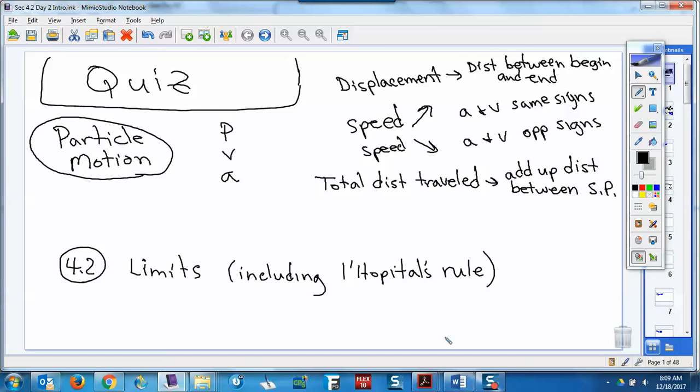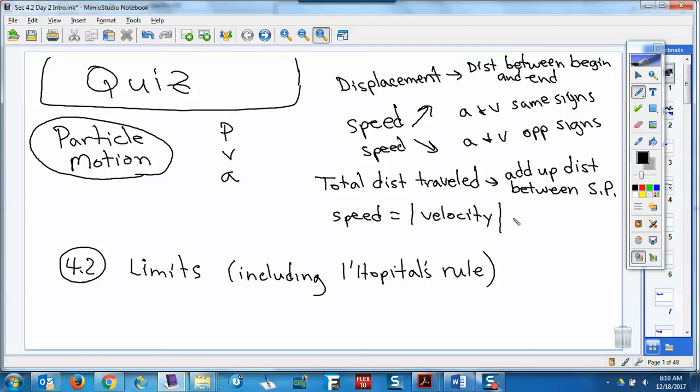And then, when is your speed increasing or decreasing? Remember, that's different than velocity. Speed is the absolute value of velocity. I probably should put that up there too. We've talked about how speed is always positive. So we can't put speed in the chart. The chart is position, velocity, acceleration, f prime, f double prime, but speed is different. Speed has to take into account both acceleration and velocity.